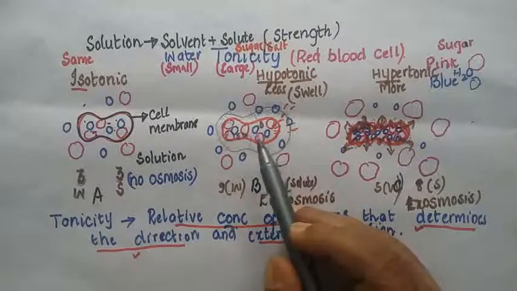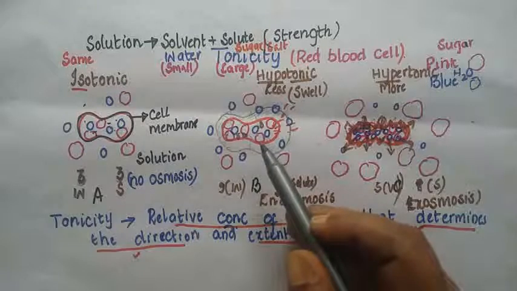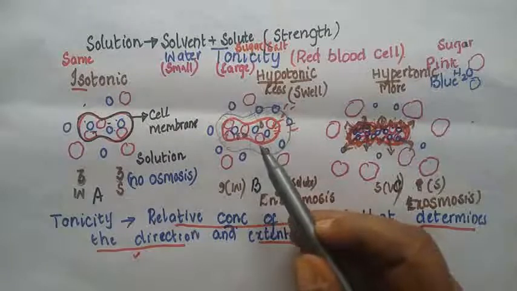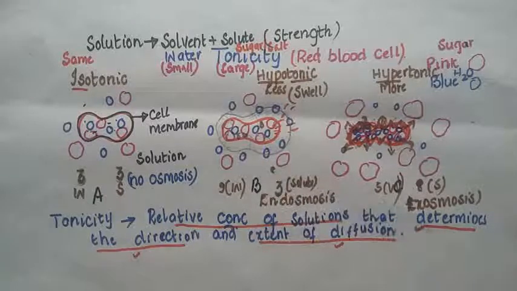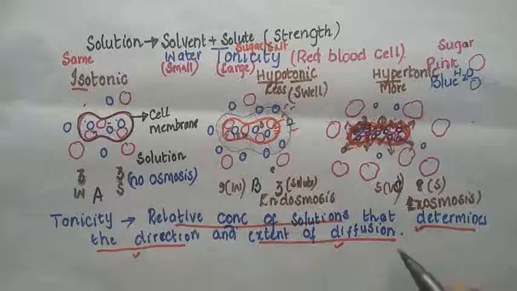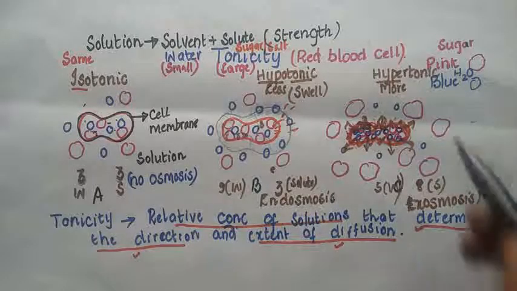But this does not occur in the plant cell because the plant cells have a unique feature. What is that salient feature? The plant cells have the cell wall.